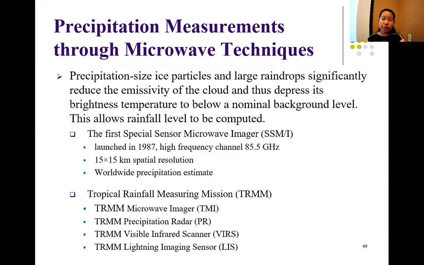One example is the Special Sensor Microwave Imager, SSM/I. It was launched in 1987, and it has a high frequency channel of 85.5 GHz, which indicates the microwave channel they use. It has 15 by 15 km spatial resolution.